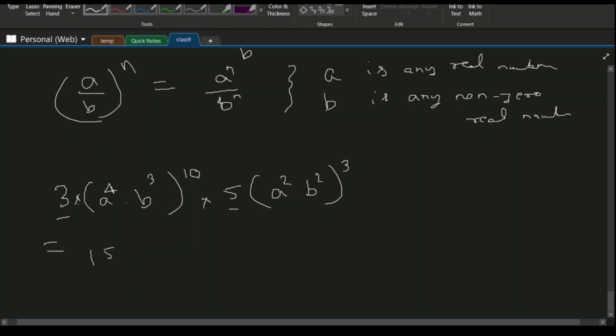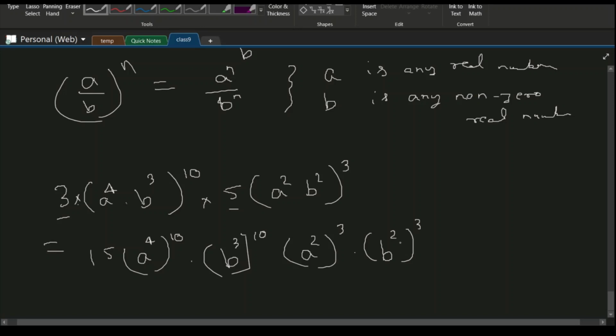And then see there is power 10 here, so this power 10 can be distributed on these individual products. This becomes a to the power 4 that gets a power 10, and we have b cube, and on top of b cube also we can put a power 10. Again we can open this bracket and write a square to the power 3 and then b square to the power 3.